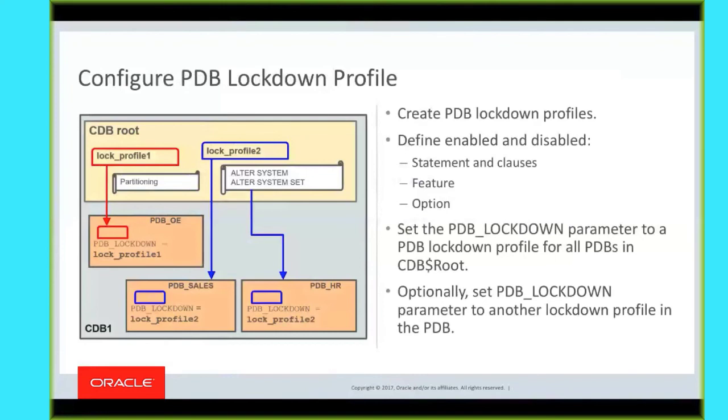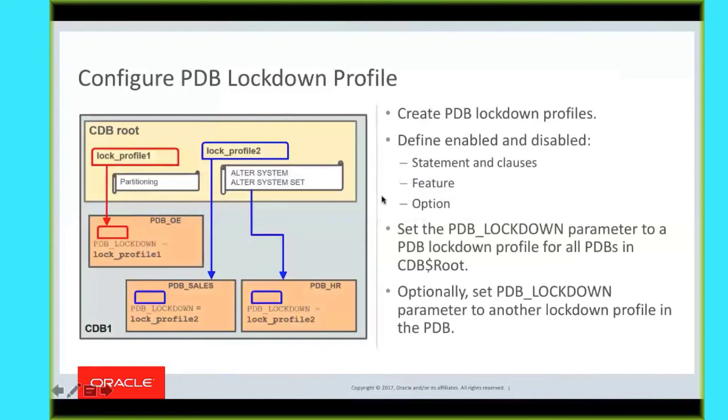Either they have different data but share the same schema, or they have some common tables that they can access from a common place called the application root. We would probably run out of time if I were to go into details, but in the Q&A we can explore more on application containers. But if you set a lockdown profile in an application root, it will affect all your application PDBs.